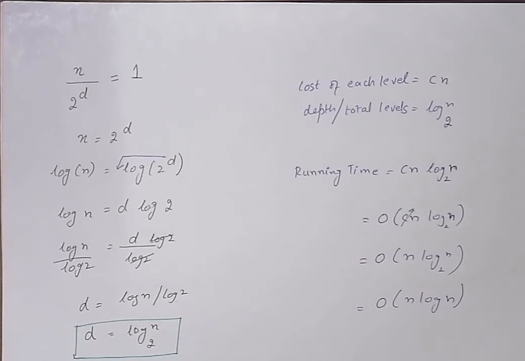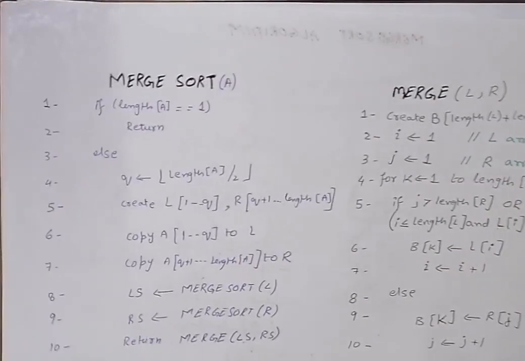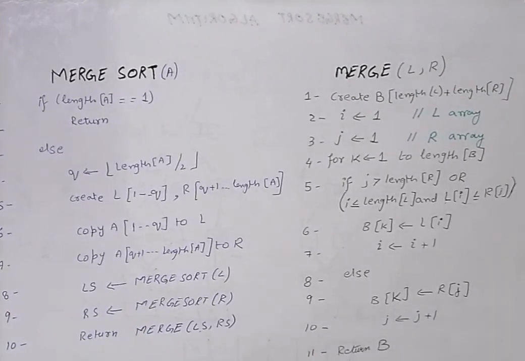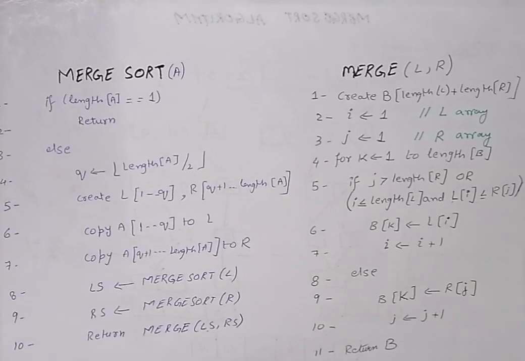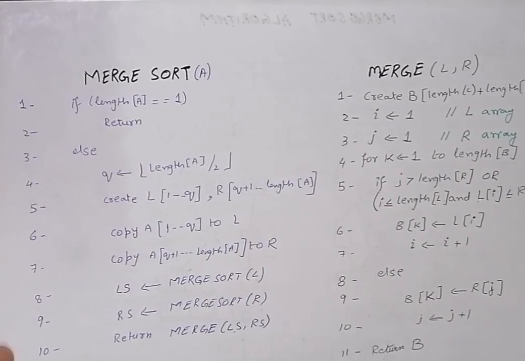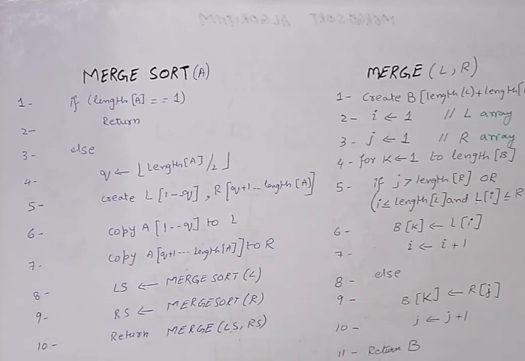If you look into the code of the merge sort algorithm, we can see that we have allocated extra memory while executing these functions. To get the details of the merge sort function and merge function that I am showing here, please refer to my other video or tutorial having this whole discussion on this algorithm.